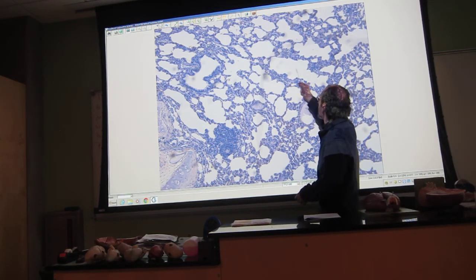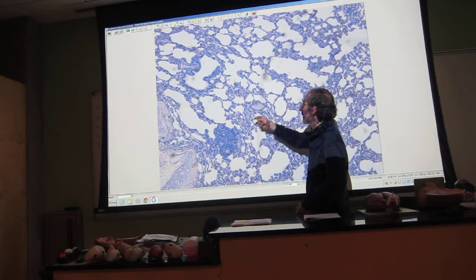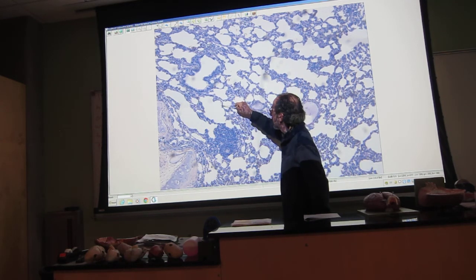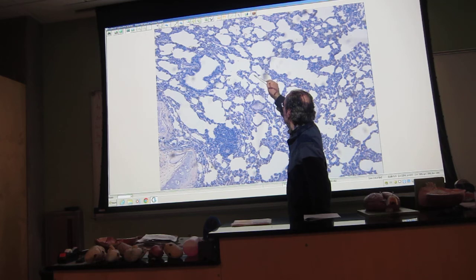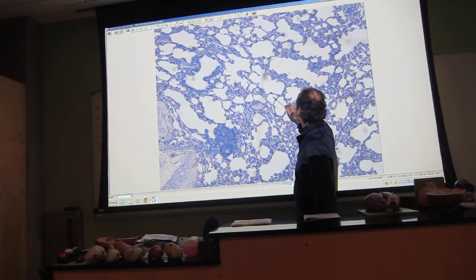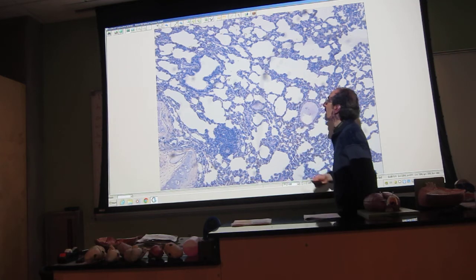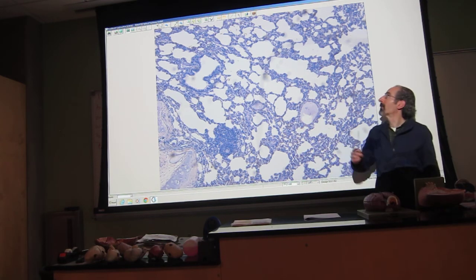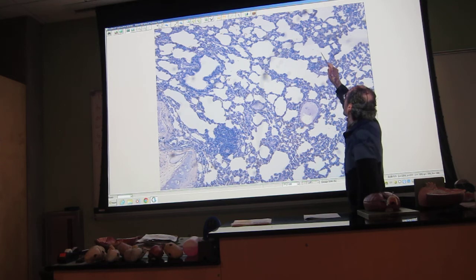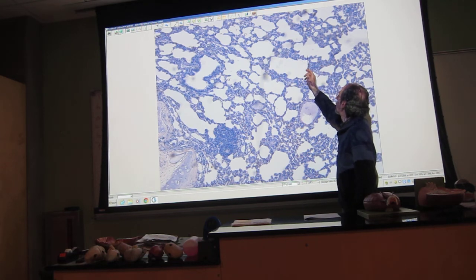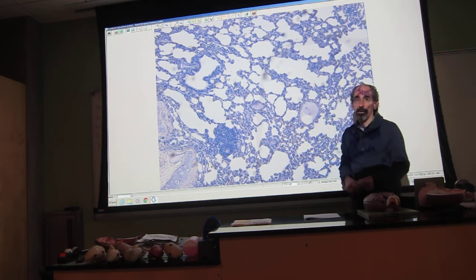All of these larger lumens that you see here are alveolar sacs. And all of these little semicircles that you see coming off of it, all of those are alveoli. There are thousands of these on this slide, and you can find ones that you like. Here's an alveolar sac, alveolus, alveolus, alveolus, alveolus, alveolus, and so on.